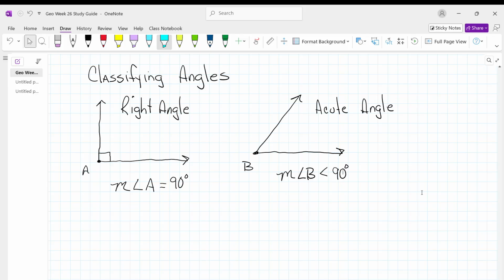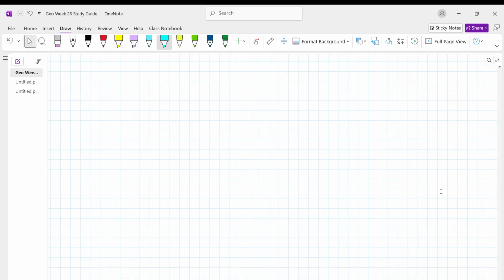All right, and then the third type of angle is an obtuse angle. So it looks something like this.